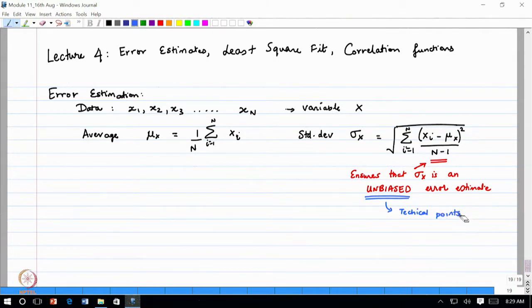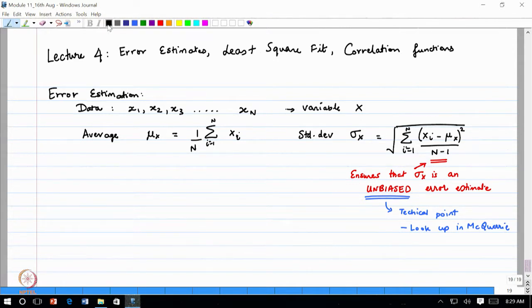If you are interested, you can look up what the meaning of this unbiased estimator is. I will not bother about that, but I will just say that you need an n minus 1 when you are defining the standard deviation.